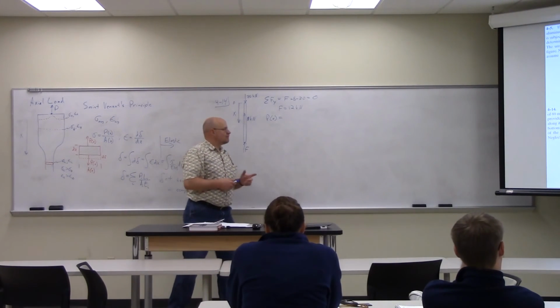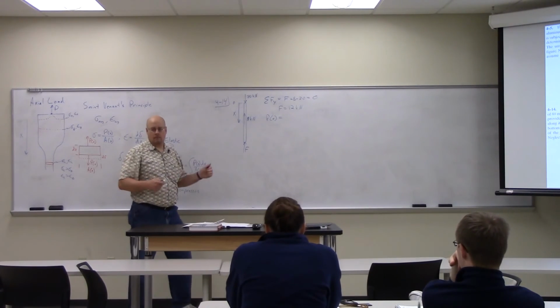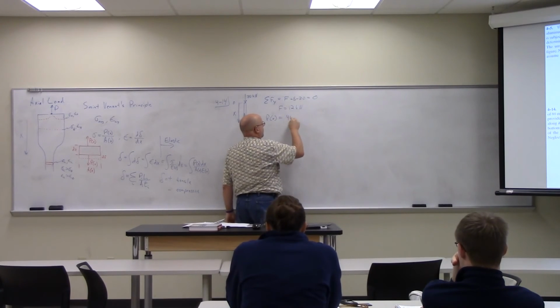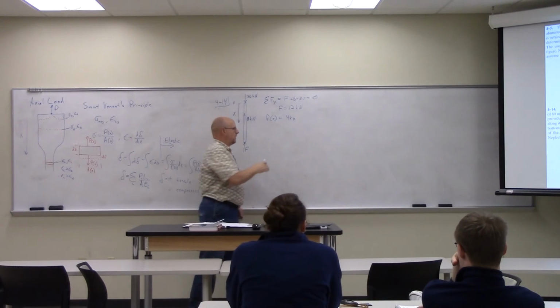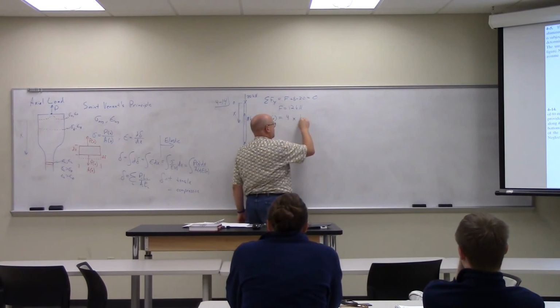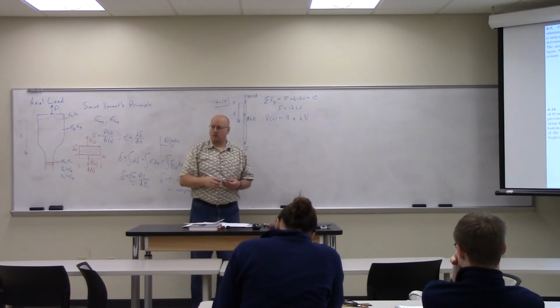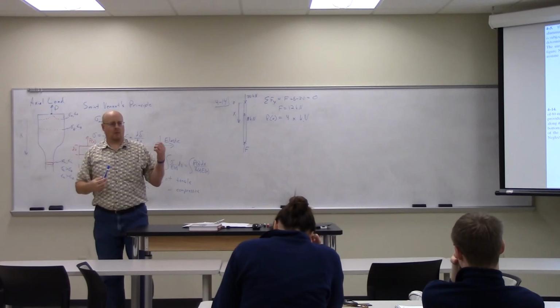Well, no, you would say it was 4 kilonewtons per meter, so it would be 4x. Let's just make it 4X kilonewtons, I'm just putting the unit in. 4X kilonewtons. Everybody okay with that?